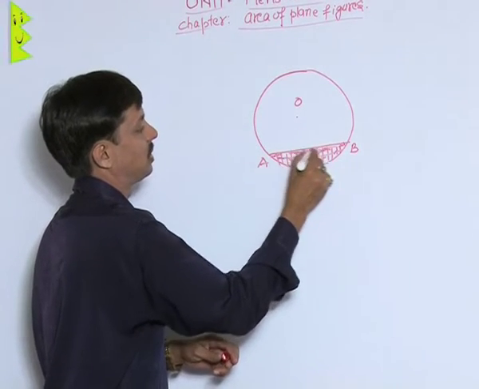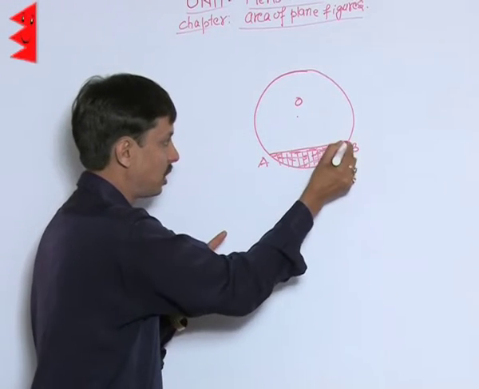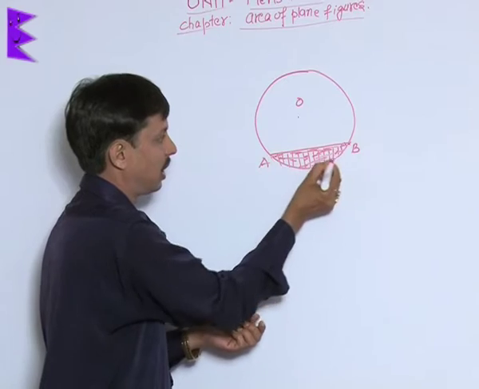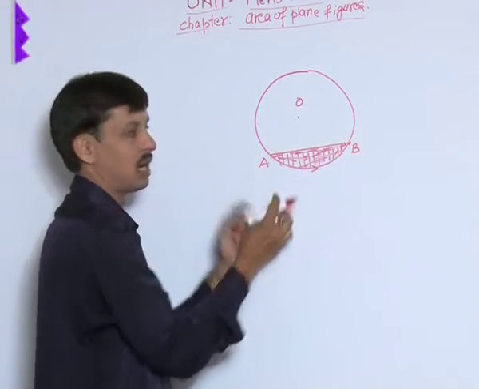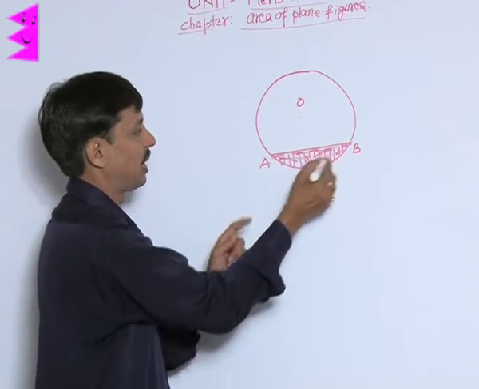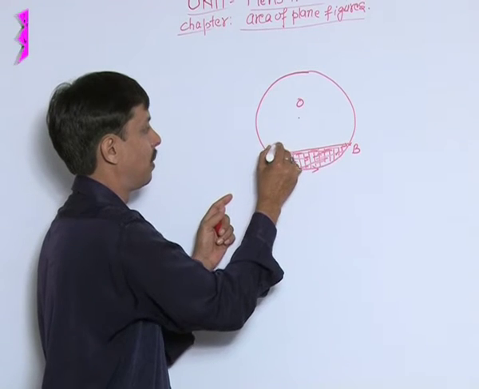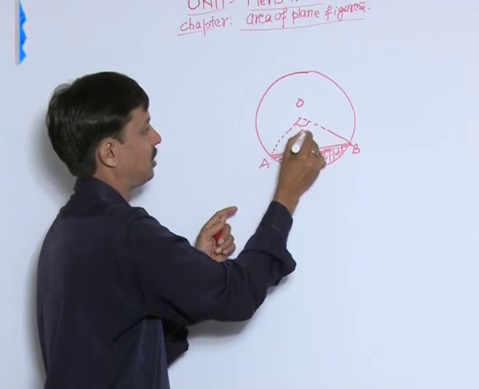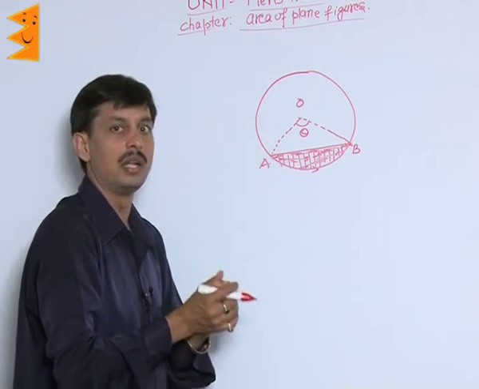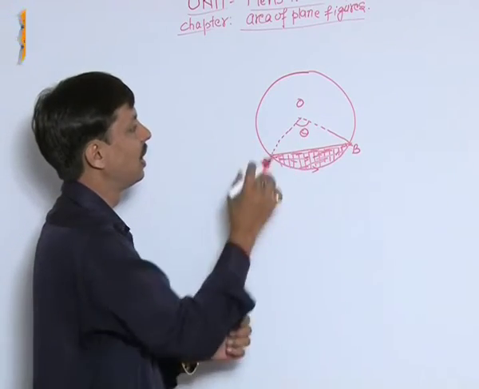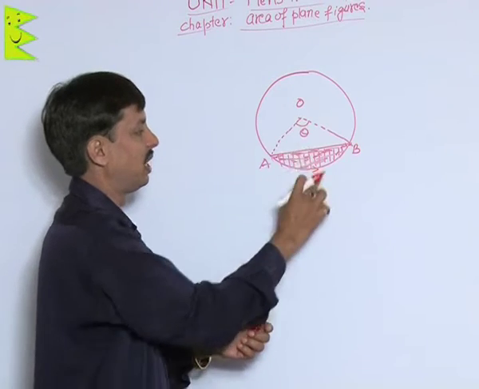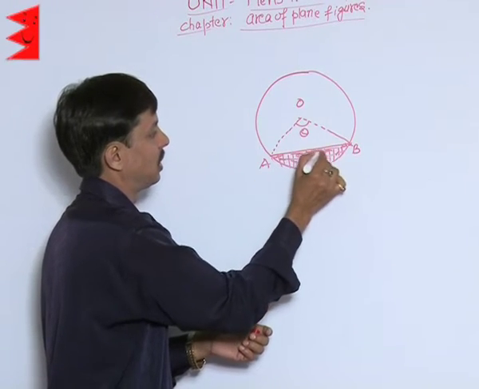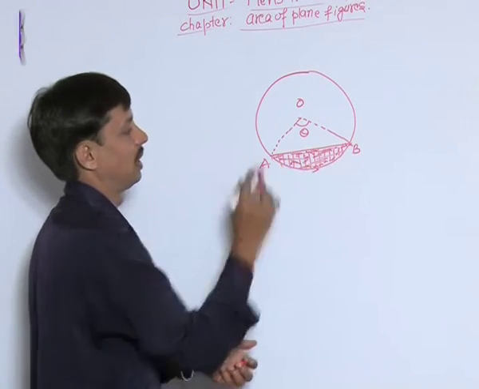This part is a segment. This is known as the minor segment because the arc enclosed is a minor arc. Why is this a minor arc? Because the angle made by this minor arc at the center is less than 180 degrees. So this is a minor arc and this segment is the minor segment.